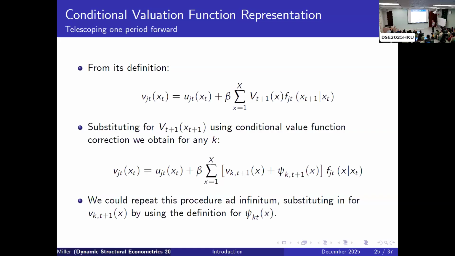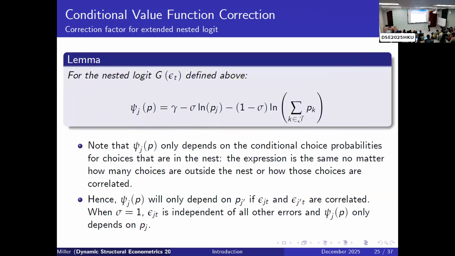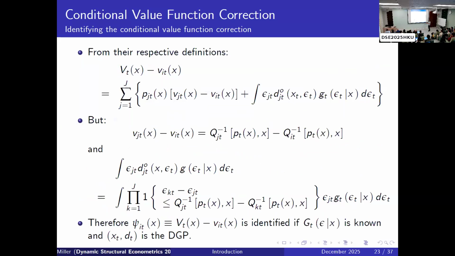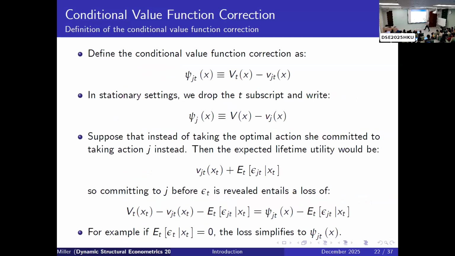Remember I said back here that the social surplus function was equal to the conditional value function plus the correction. We defined it, we worked through why it was called that.